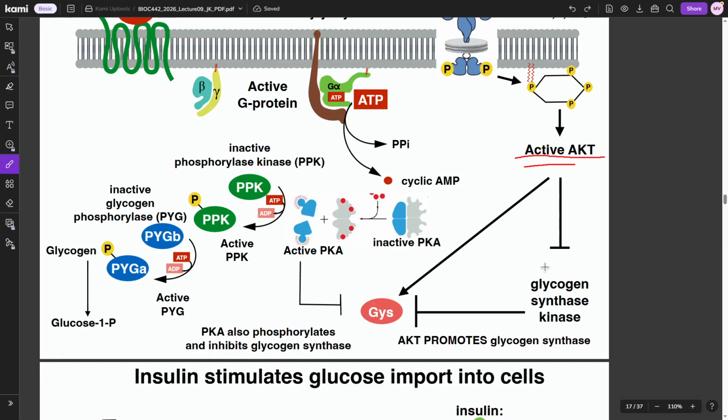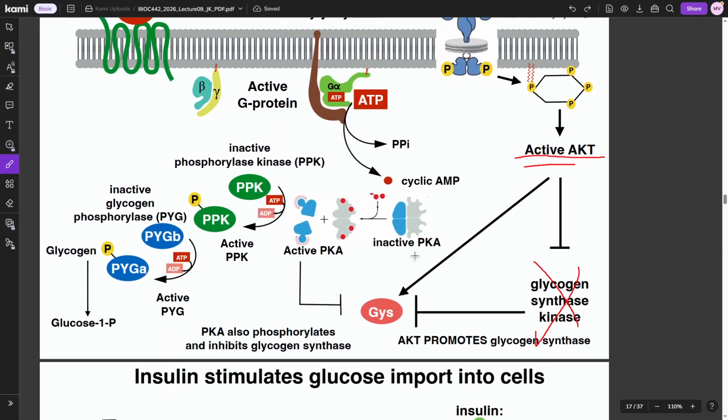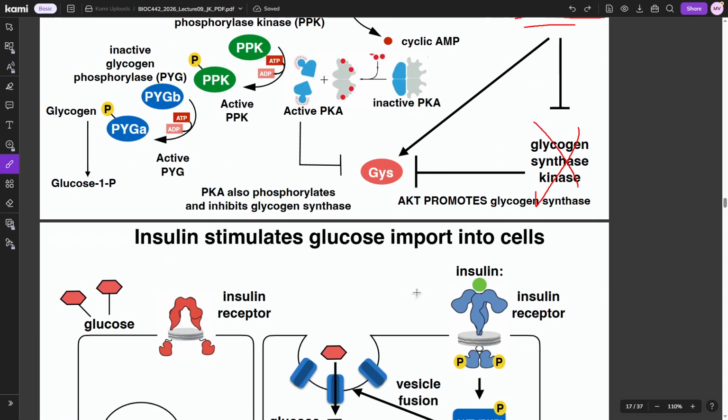And glycogen synthase kinase normally inhibits glycogen synthase. So by inhibiting this, we're able to upregulate the activity of glycogen synthase. Which makes sense, because if you have insulin, you want to store glucose, right? So you would want glycogen synthase to be active.